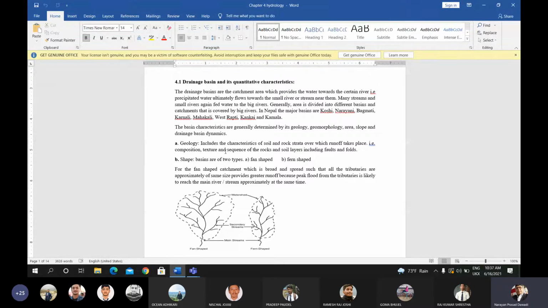So the fern-shaped basin has the chance of channel flow, whereas the overland flow, that is the runoff from the surface, is very predominant in the fan-shaped basin.